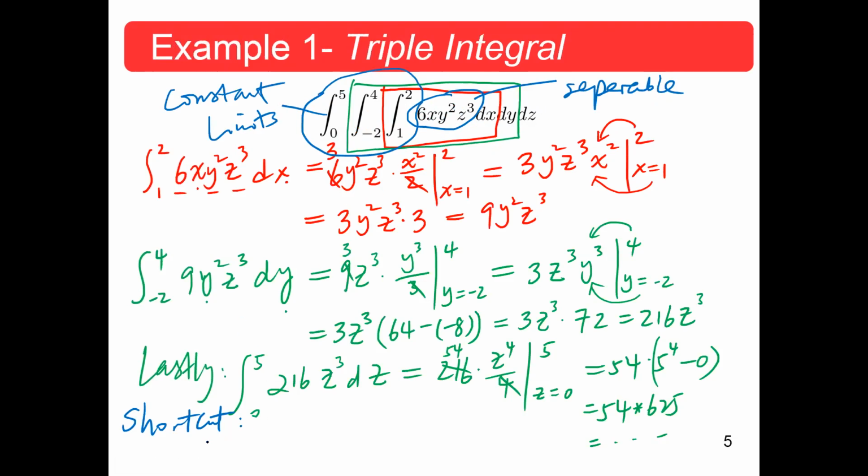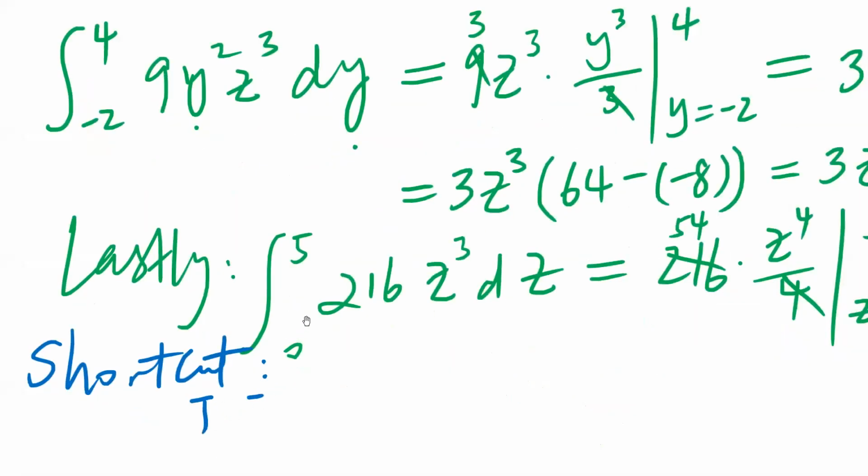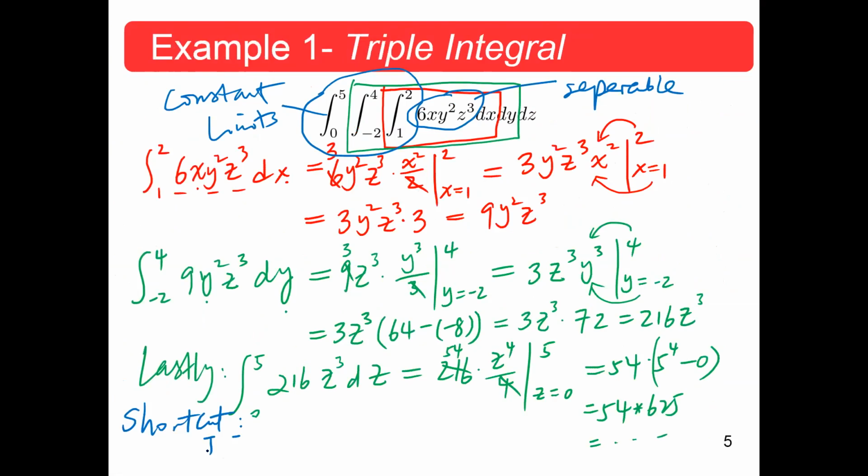The integral I will be the same as the product of 3 single integrals: one is dx, one is dy, one is dz. x goes from 1 to 2, y goes from -2 to 4, and z goes from 0 to 5.